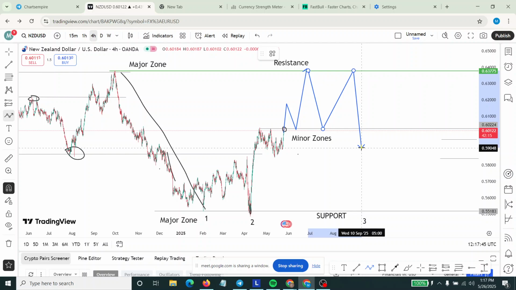It has gone beyond. It's heading to the support zone. Exactly. And what happened is very simple. It has broken out through this minor support.